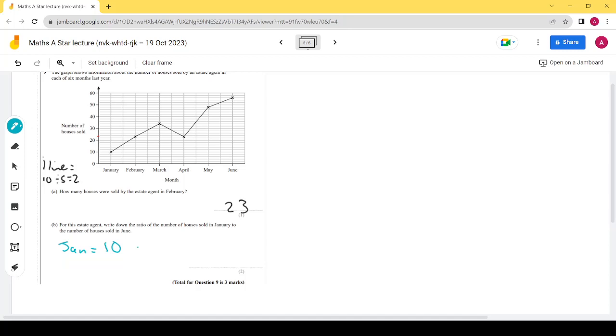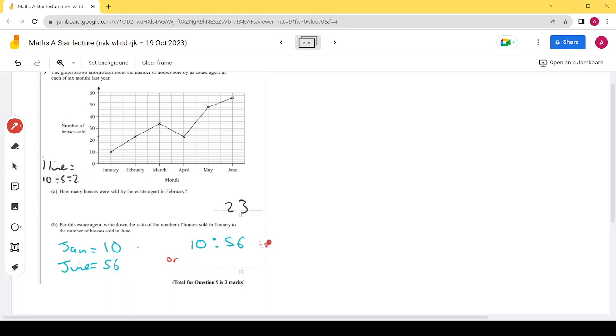June equals 56. So if you're just going to write that as a ratio, you can just write it as 10 to 56. Now, you can simplify. It doesn't ask us to, it just says write down the ratio. It doesn't say in its simplest form. If you did simplify, it's not wrong.